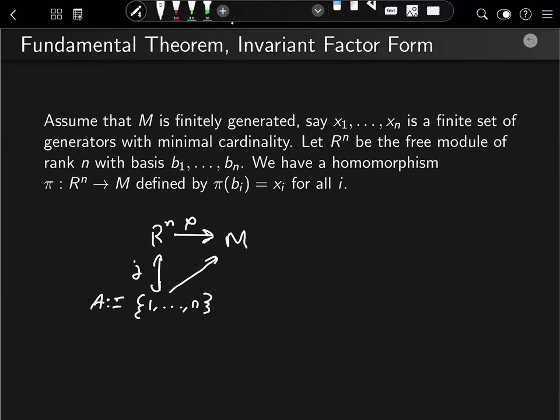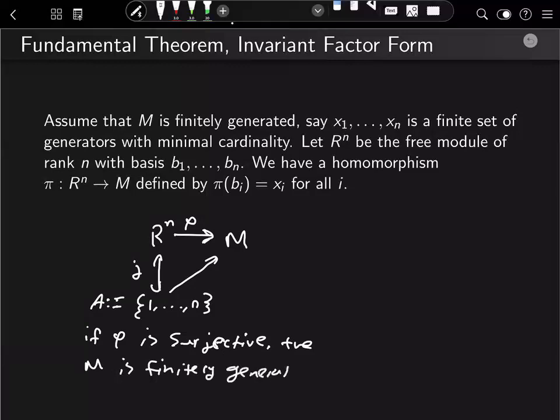And if phi is surjective, then M is finitely generated. So that's kind of like the definition of when something is finitely generated.